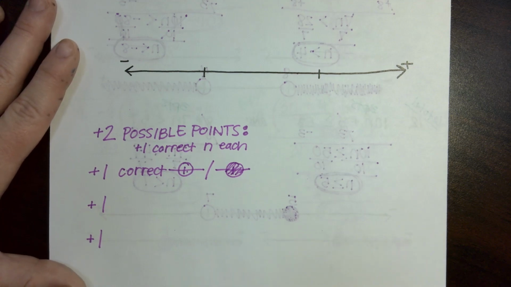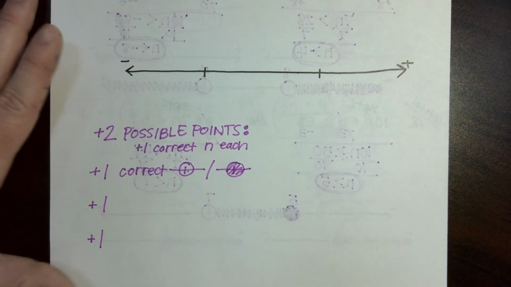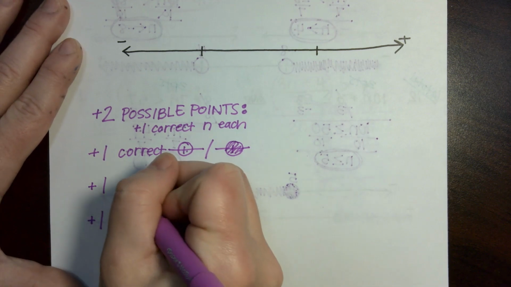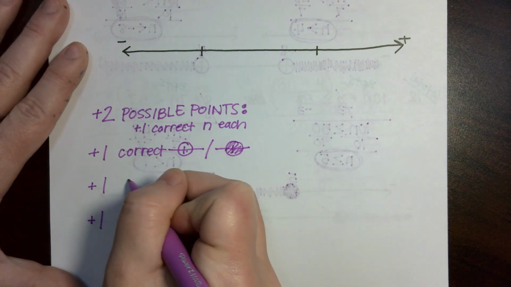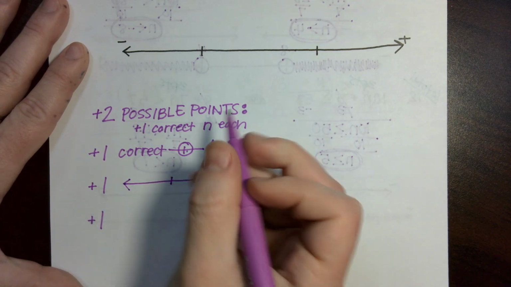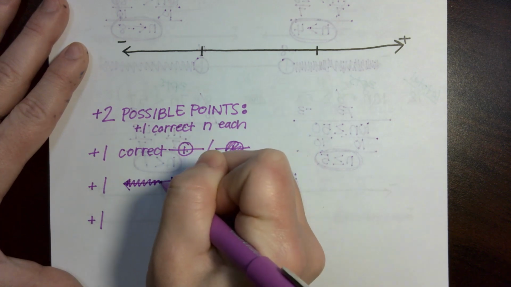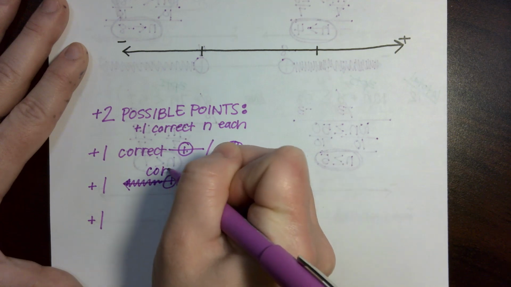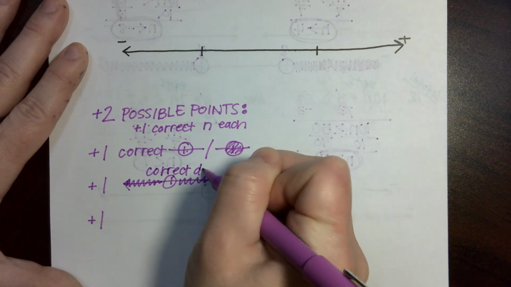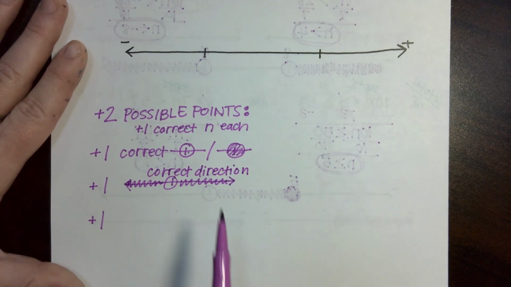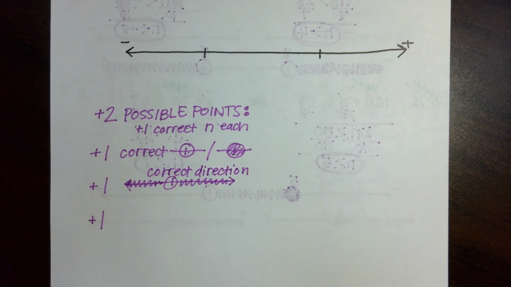If you shade both of them correctly, that's a whole bonus point. The next thing that I'm looking for is the direction that you shade. If you got them shaded in the right direction, that's a bonus point.